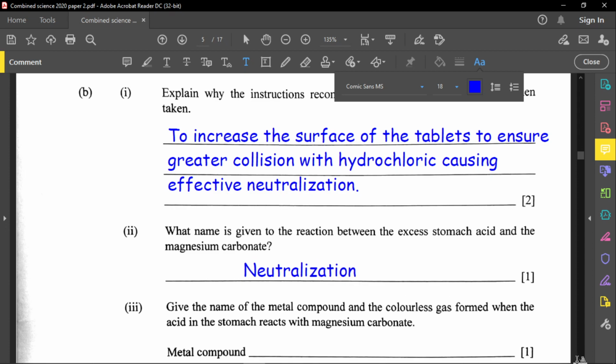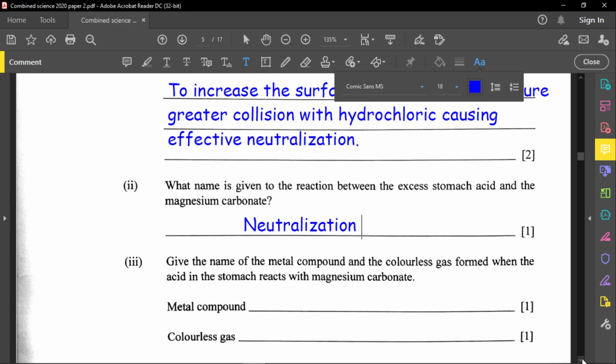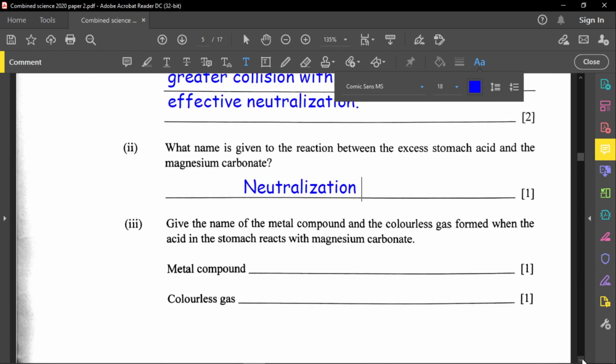So part 3, it said give the name of the metal compound and the colorless gas formed when this acid in the stomach reacts with magnesium carbonate. And so the metal compound here will be magnesium chloride. Okay, so this will be magnesium chloride.